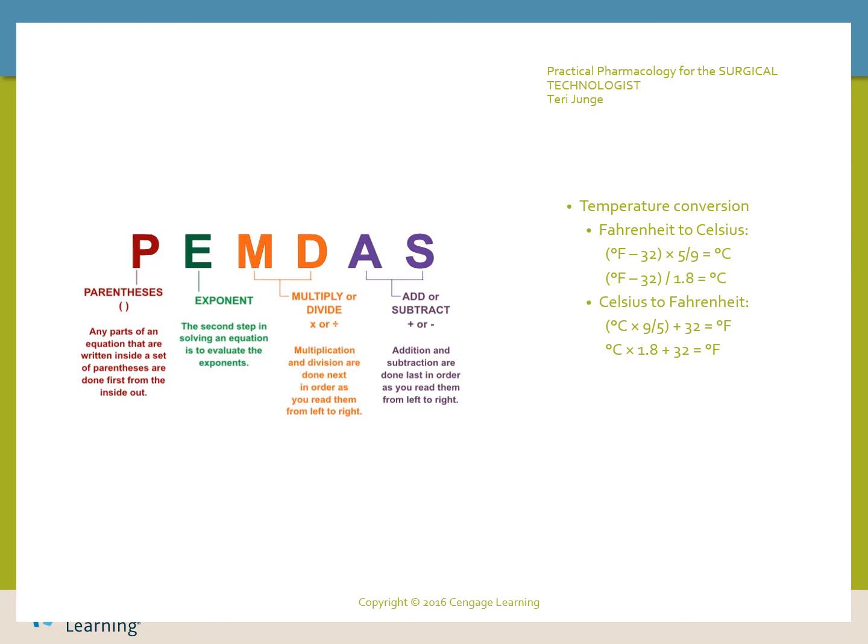So just a little reminder, PEMDAS can help us remember those orders of operations. There is a possibility that you may need to do one of these conversion problems on your certification exam.